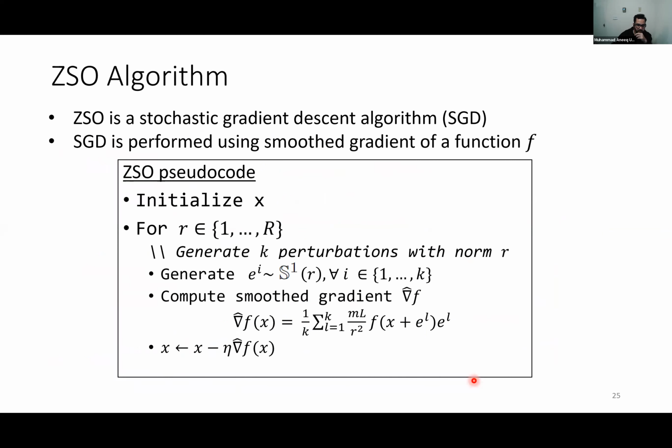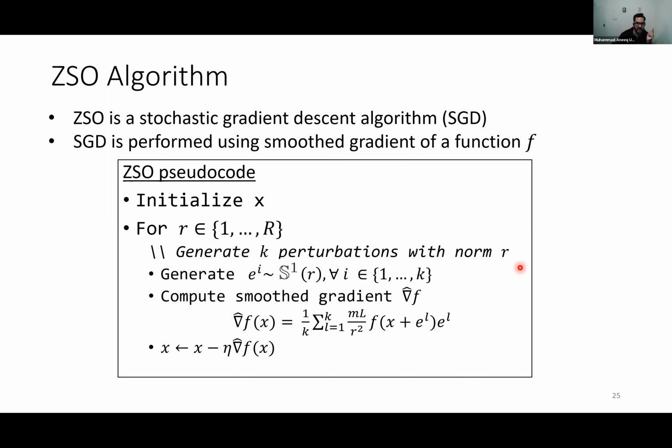It's just a little bit more details about the ZSO algorithm. ZSO is a stochastic gradient descent algorithm, and in this SGD, we compute the smooth gradient of any function. This is done using k perturbations, each with norm r.